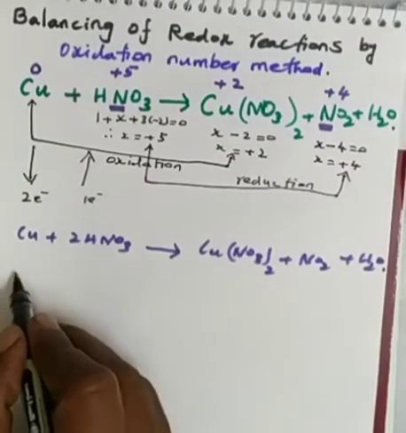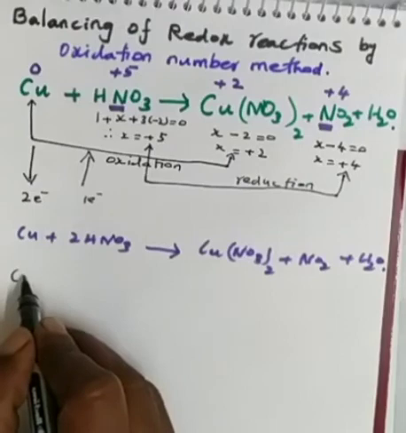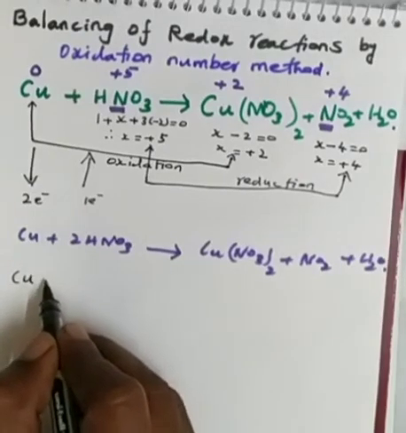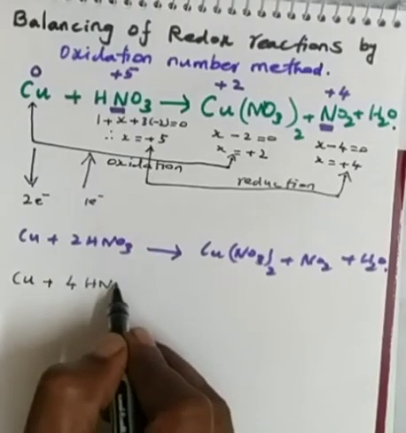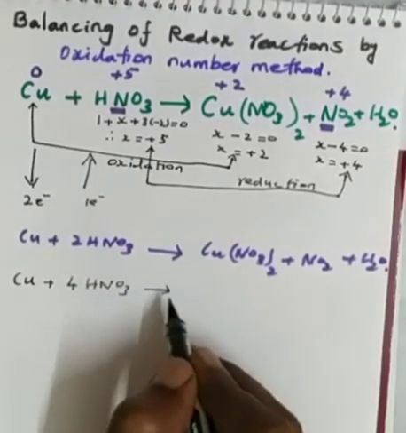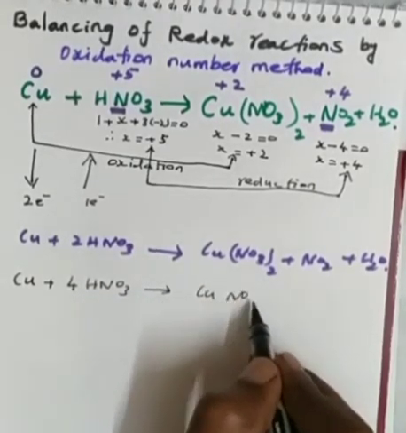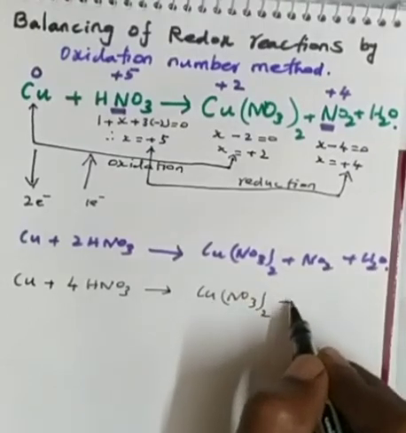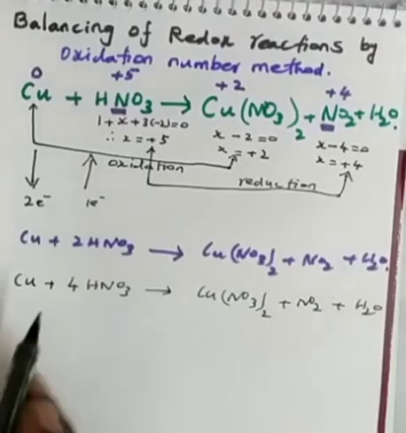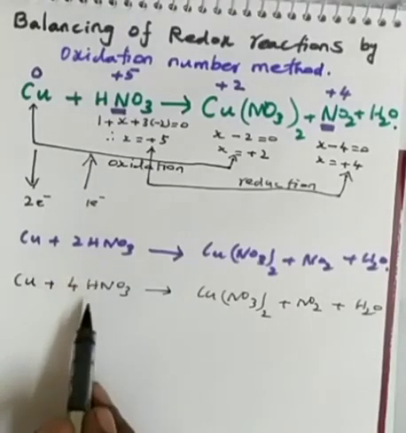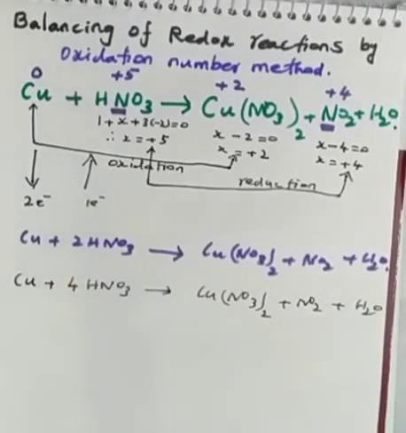I am going to balance nitrogen as 4, that is 4 HNO3. It gives Cu(NO3)2 plus NO2 plus H2O. I am bringing 4 nitrogen in the left hand side.